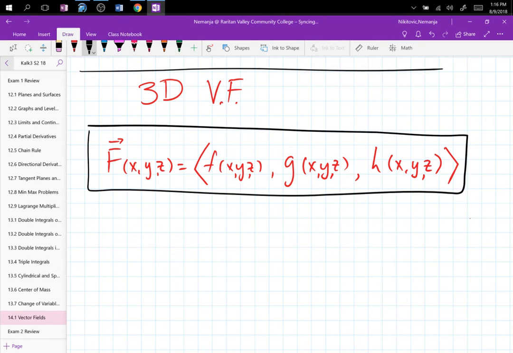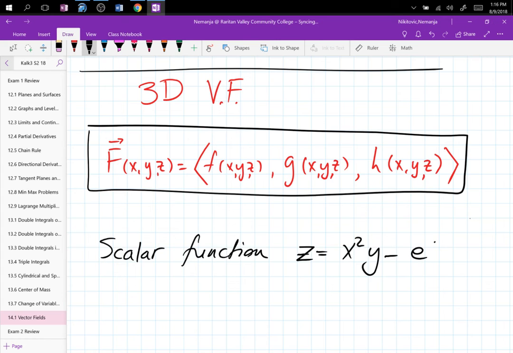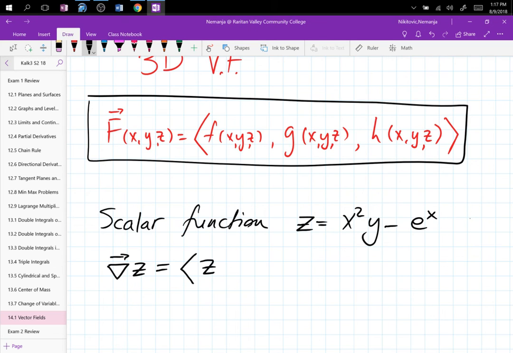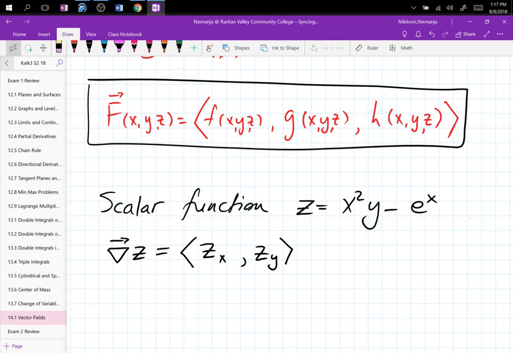So if I have a scalar function, say z equals x squared y minus e to the x, what I can do is find the gradient of z, which is the partial derivative of z with respect to x, comma, partial derivative of z with respect to y. You just generated a vector field.